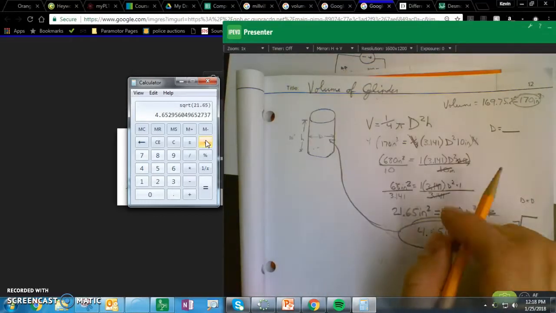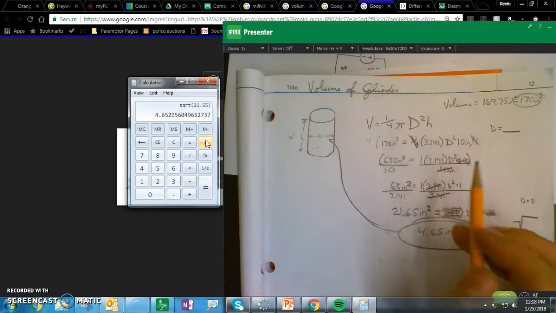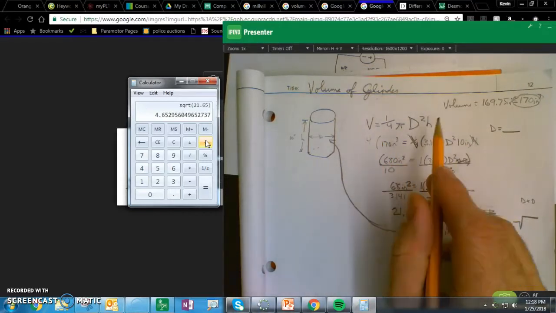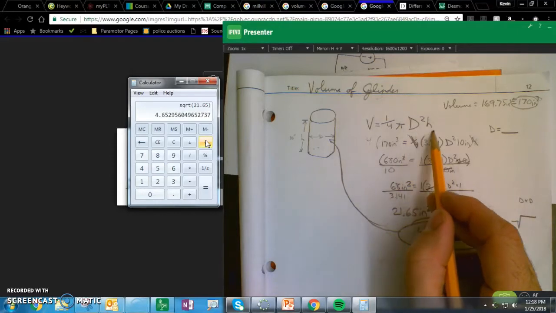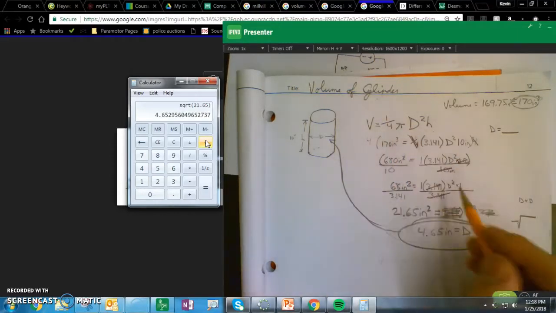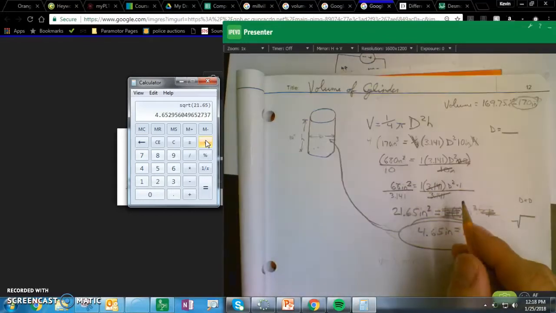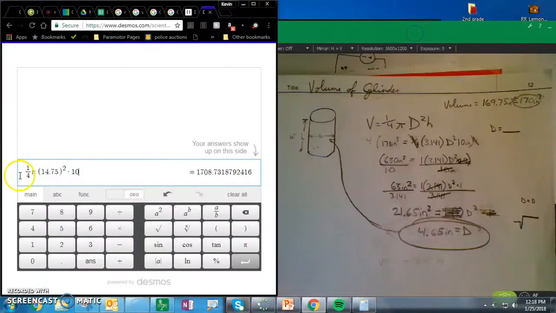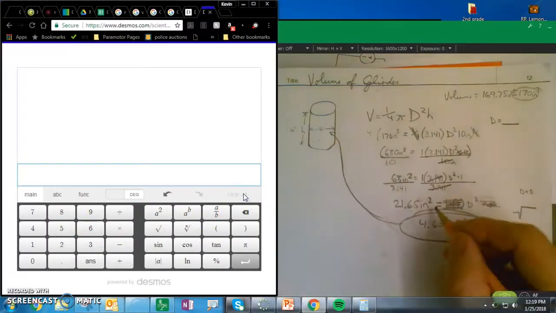Now let's see how it plays out when we multiply it through, because you don't need to have the volume to do this equation. As long as you have every variable, you can figure out the last one. So I'm going to do this in reverse. This is just for bonus, and I'm going to do it with a calculator online. That's a scientific calculator. So what you would do, you'd set up your equation.